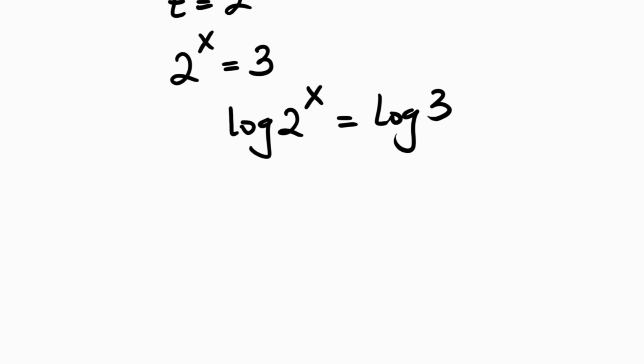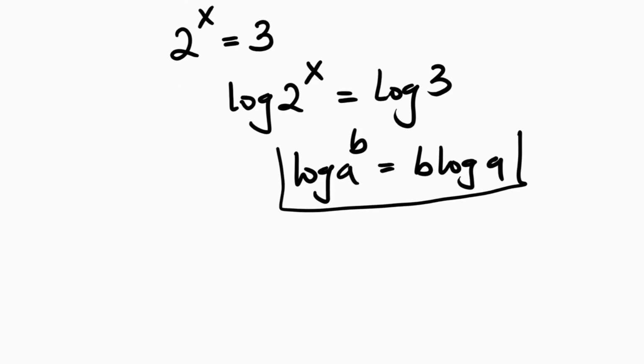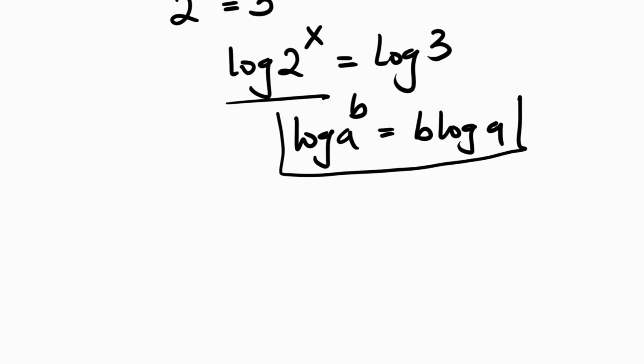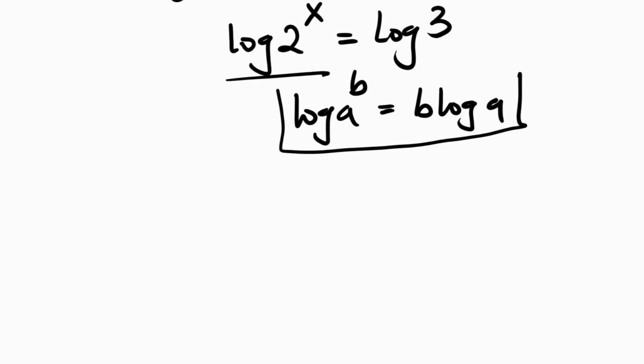And we know that log of a raised to the power b is b log a. So let's apply this formula to the left-hand side, log 2 raised to the power x, and it becomes x log 2 equals log 3.